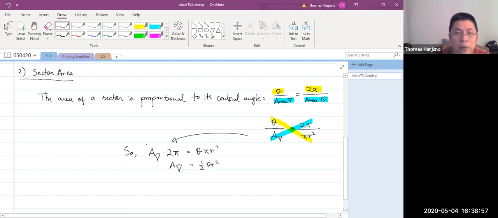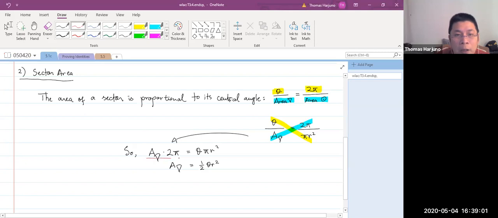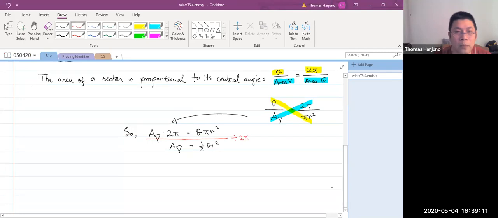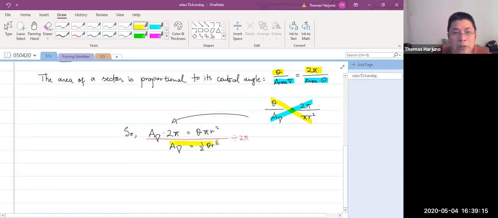Then from there I divide by 2 pi. Then I get the formula for the area of the sector. So this is another formula you have to memorize.